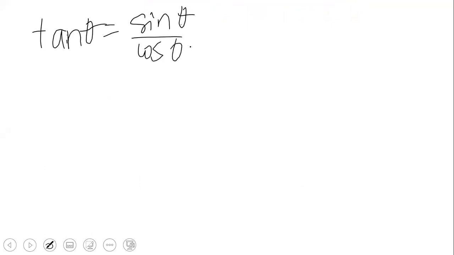For the property ng tangent theta, recall natin, tangent theta is represented by sine theta over cosine theta. Then kung gagamitin natin ang other way around, yung reciprocal naman niya, you also have the cotangent.